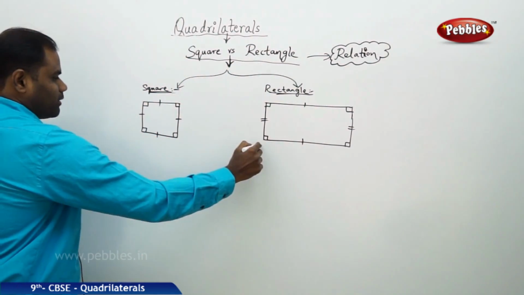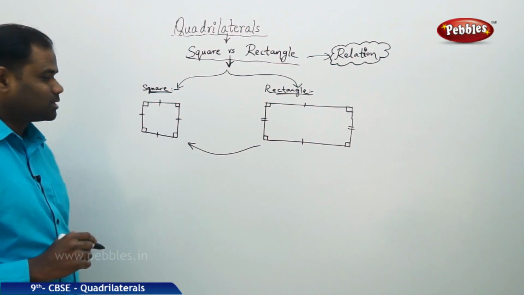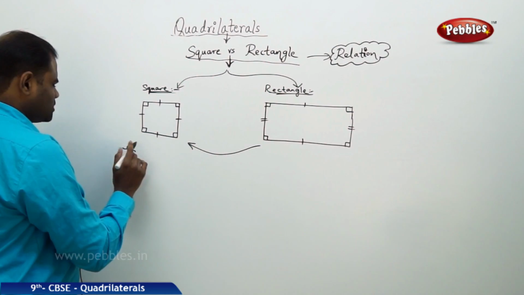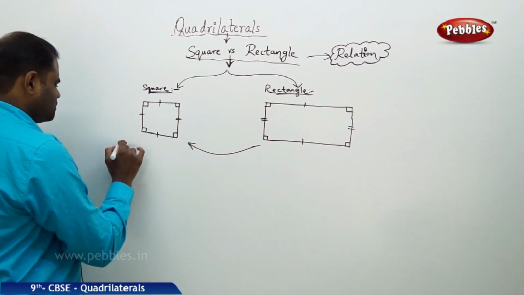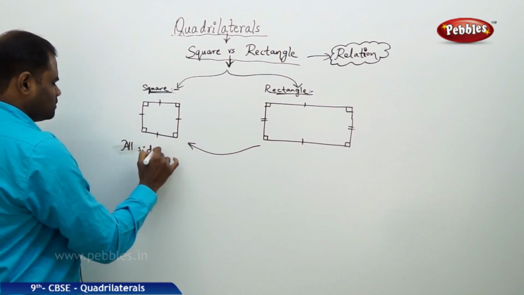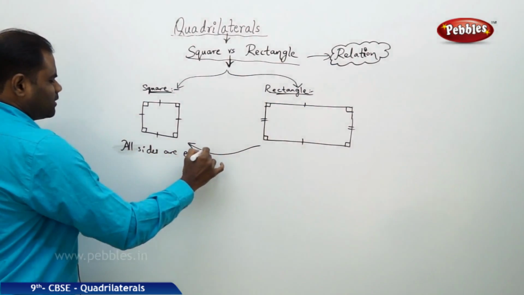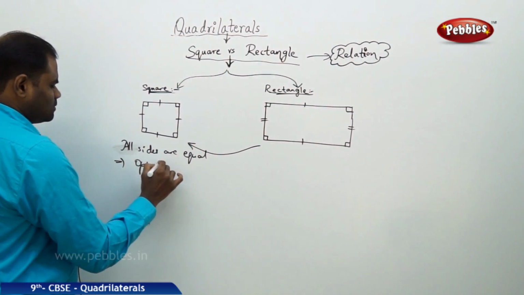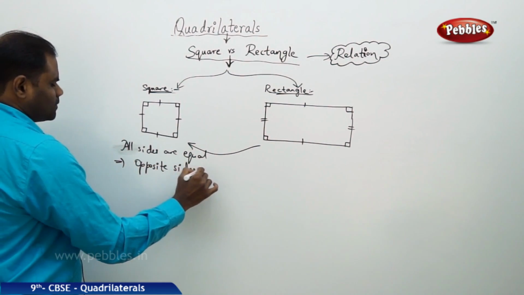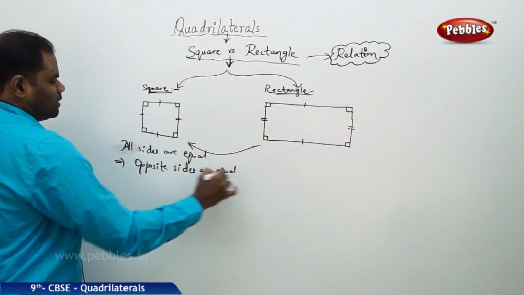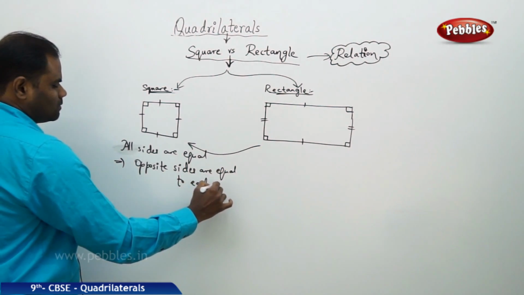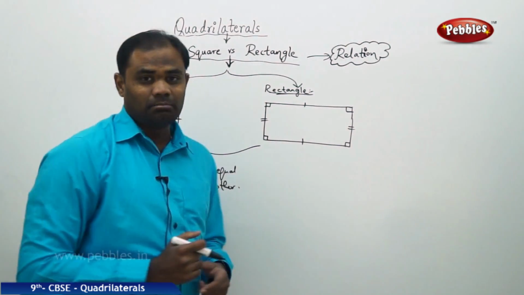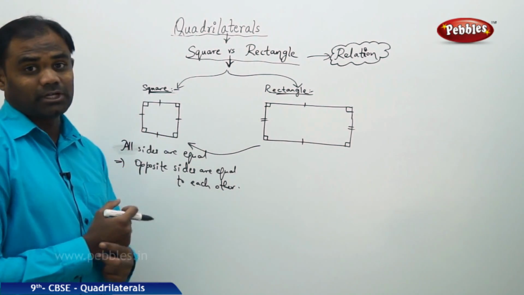So I can understand rectangle through a square because for a square, all sides are equal implies opposite sides are equal to each other.